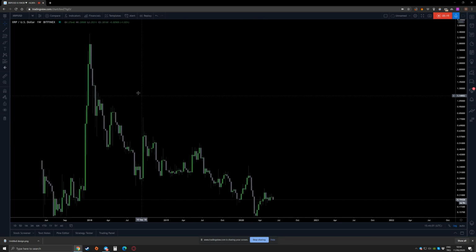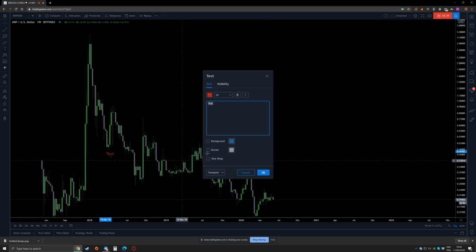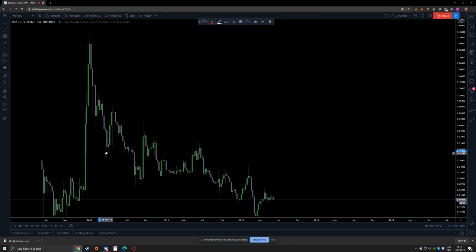What I see here is that we made a wave A, a B, and a C. So this is wave A, this is wave B, this is wave C. It does look like it, and maybe the fifth wave of the C wave is probably a terminal move.